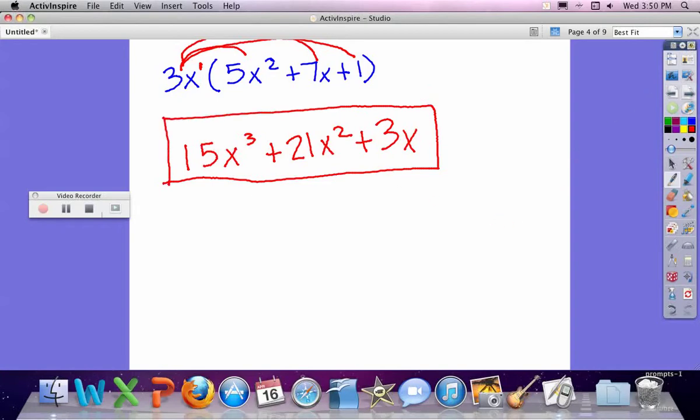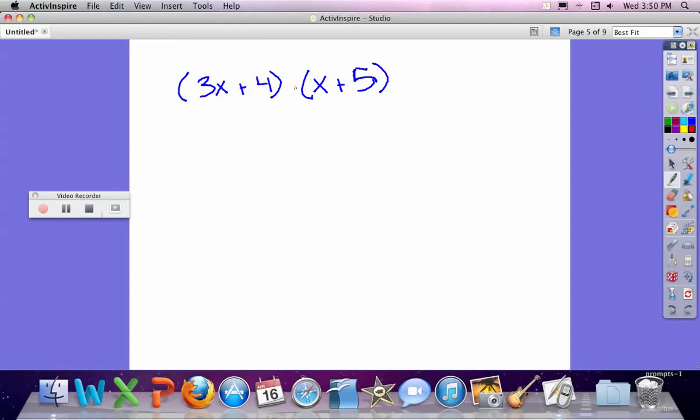Here we're multiplying again because we don't have any subtraction or multiplying or division symbol in between our 2 polynomials. Here, because I have a binomial times a binomial, I'm going to use the FOIL method. The F tells me to multiply the first terms together.